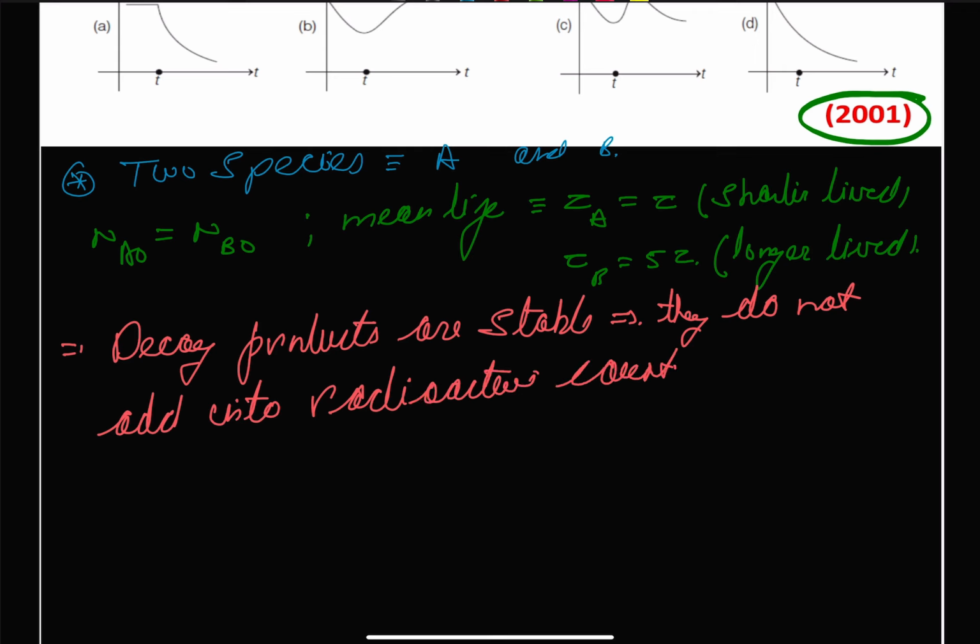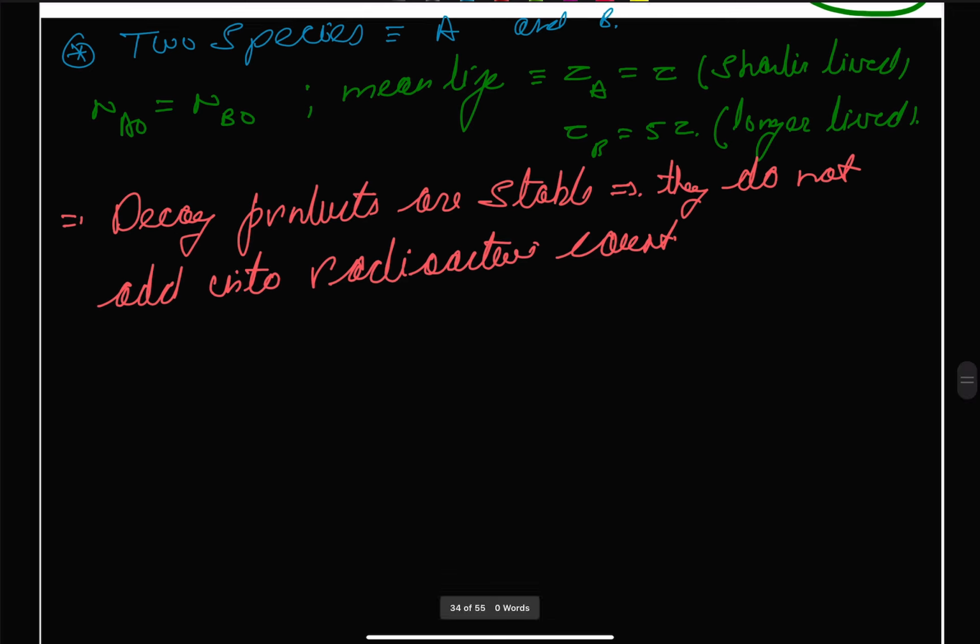It means the products are stable, so they are not basically radioactive. This is the simplest version. And we have to plot for the total radioactive nuclei of both A and B.